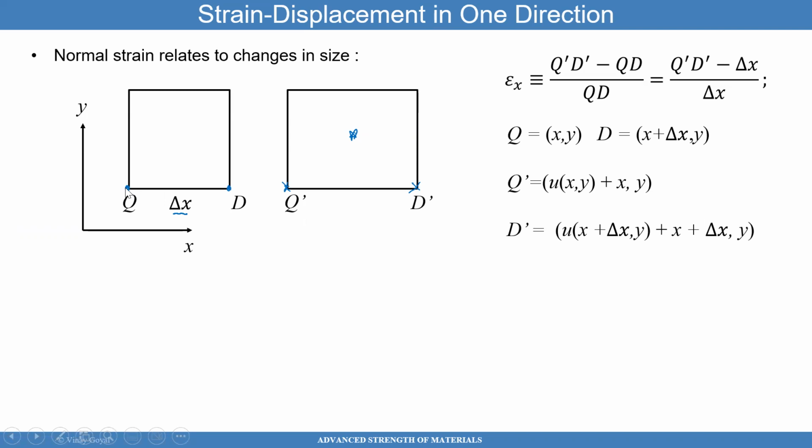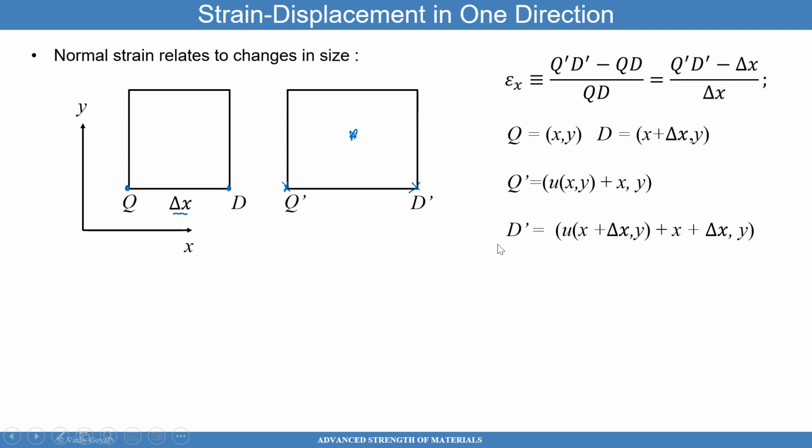I'm going to call the distance between Q and Q prime the new deflection U(X,Y). So if it deflected from Q to Q prime, and that's the deflection U(X,Y), then the coordinates of Q prime has to be X, where Q is, plus that extra amount that deflected from Q to Q prime. So that's why it's U(X,Y) plus X. And the height of Q prime has not changed. It's still Y. Just like D and Q. They both have the height Y.